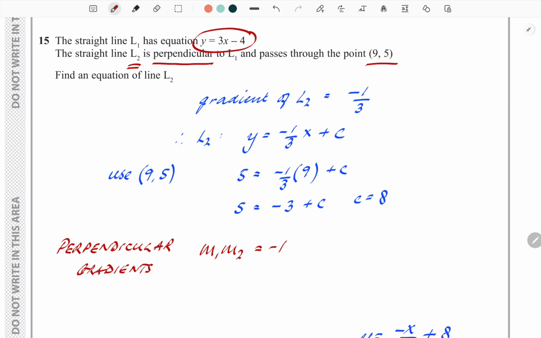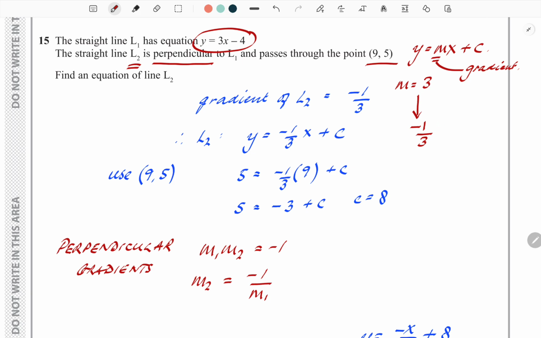So basically, what that translates to is that the perpendicular gradient is minus 1 over the first gradient, all right? So in this case, my first gradient is m equals 3, because remember, y equals mx plus c, and m is the gradient, okay? So m equals 3, therefore the perpendicular one will be minus 1 over 3, all right? That's where we're getting the minus 1/3 from.